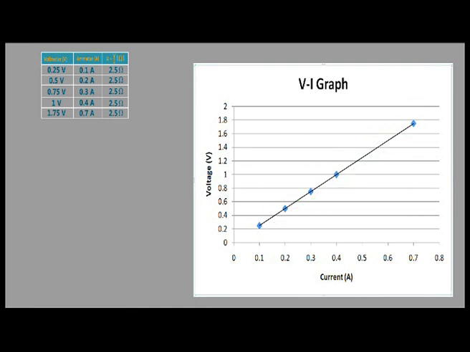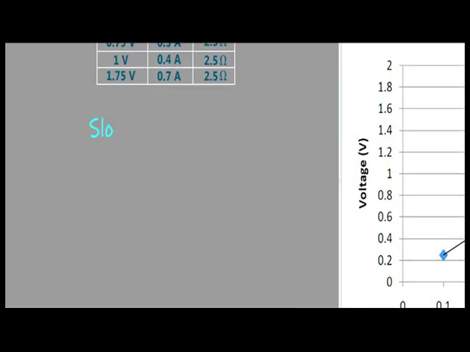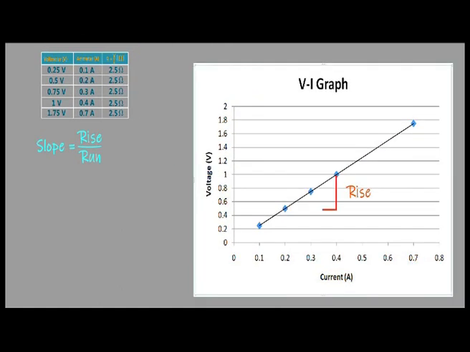Now, in order to make sense out of it, we have to calculate a slope. And the slope of the graph is given by a formula, rise over run. Rise is change in y-axis and run is change in x-axis.